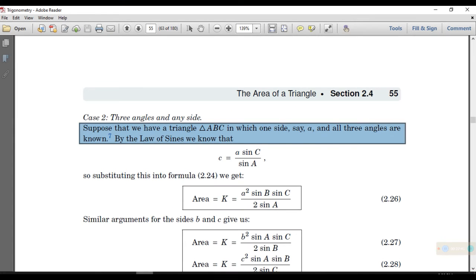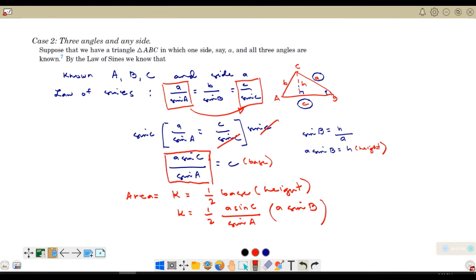Okay. So, mapapansin nyo dito nagkaroon na siya ng square, di ba? Hindi na naman siya kasya. Paano kaya ito pagkakasya yun?